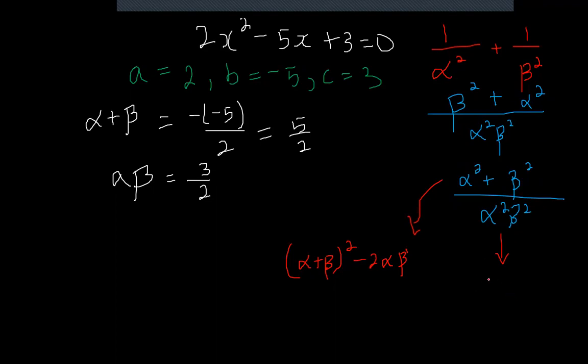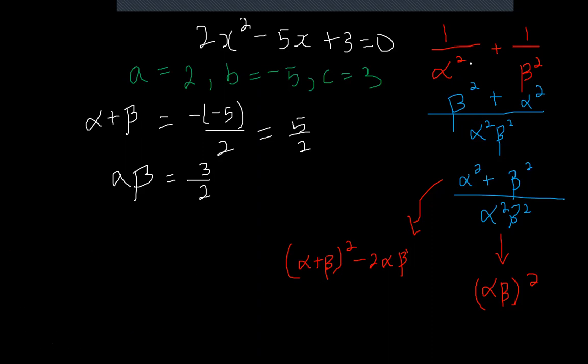Alpha squared beta squared is the same as alpha beta squared. So even though this wasn't on the list, could you agree that you could have figured it out, using your prior knowledge? Yes, miss.